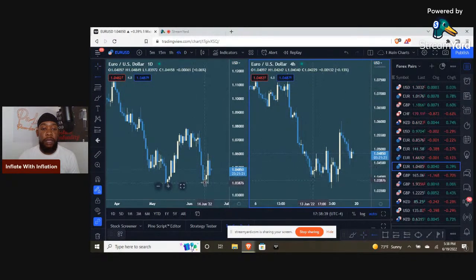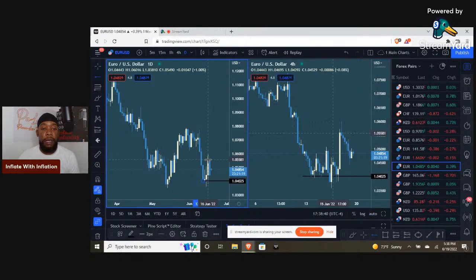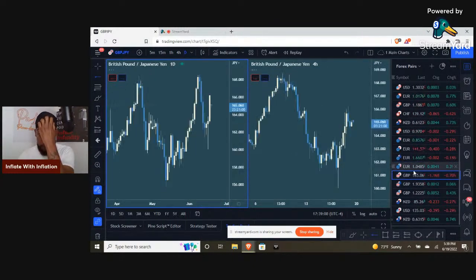And then right here we have euro buying, US dollar selling. It's starting to give us an indication that the US dollar might be starting to slow down, preparing for a market turn. And we'll see after we break it down a little bit more. But for now, like I said, this is just correlation.